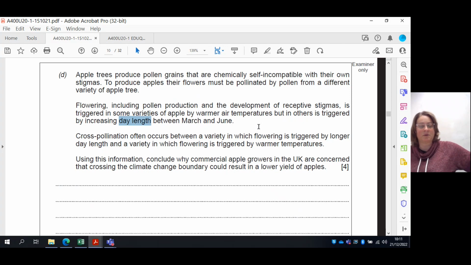That is not impacted by the climate change. So these varieties will stick to their, okay, we've had longer day length timings, therefore we are flowering at this point in springtime rather than whatever the warmer air temperature said. Therefore, those varieties are not ready at the same time.